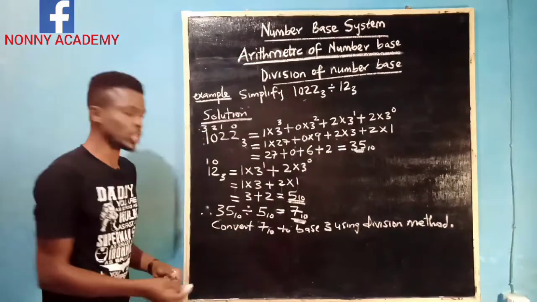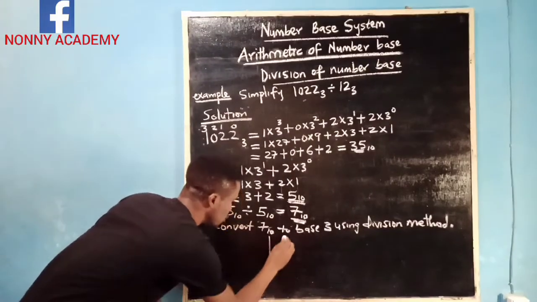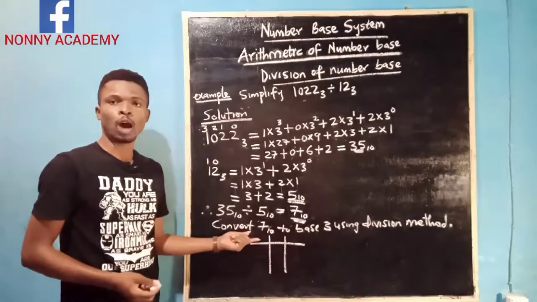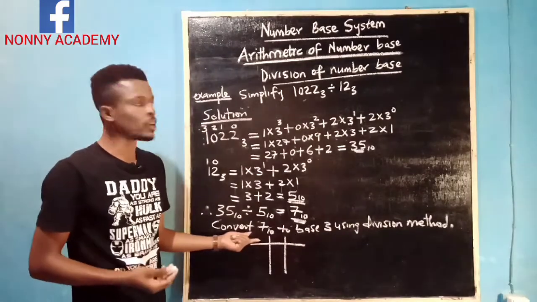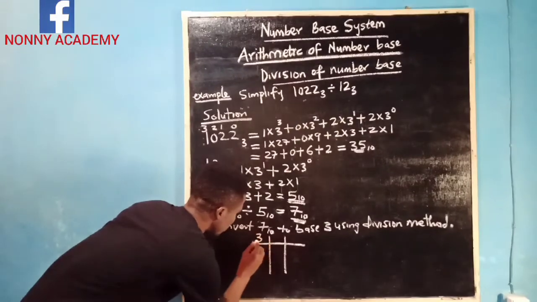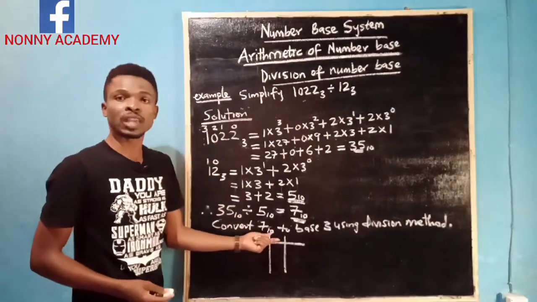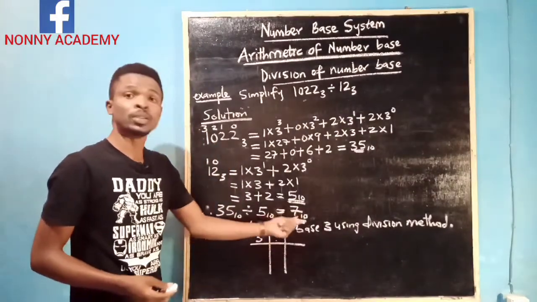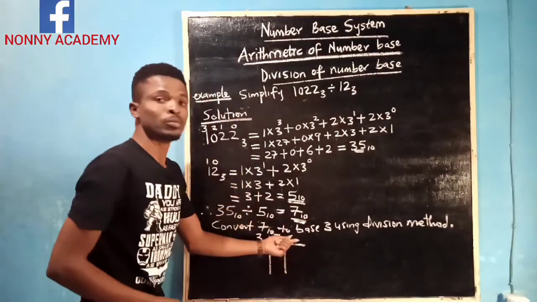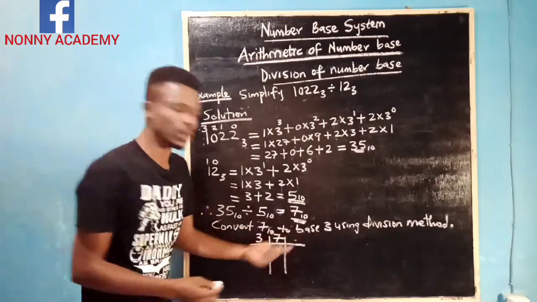So using division method I will draw my long division table. For the first column, I will put 3 because I'm converting to base 3. For the next column, I will put 7 because I'm converting 7 base 10. And for the last column, I will put R, which is the remainder.